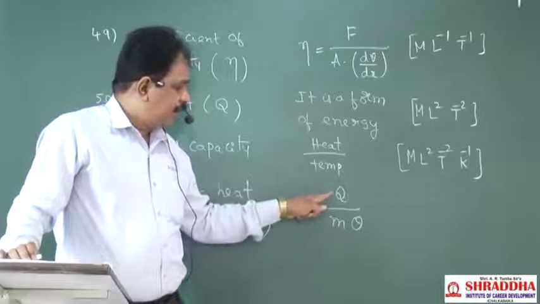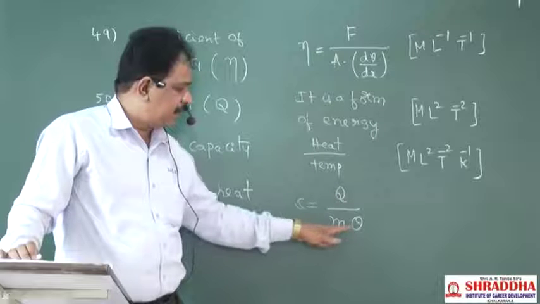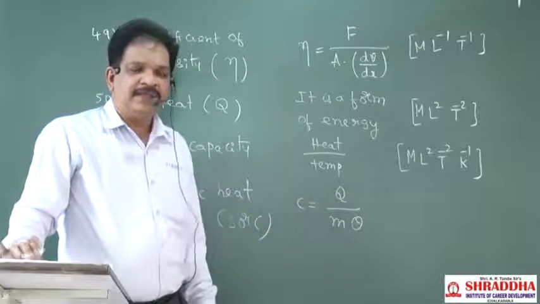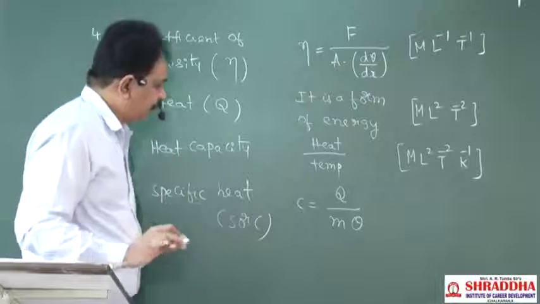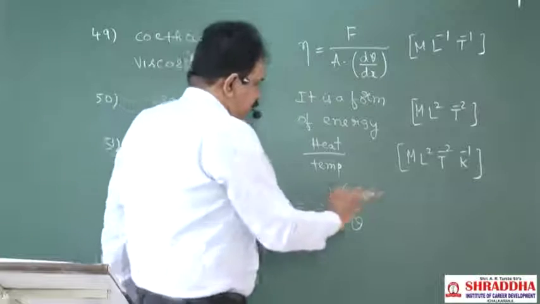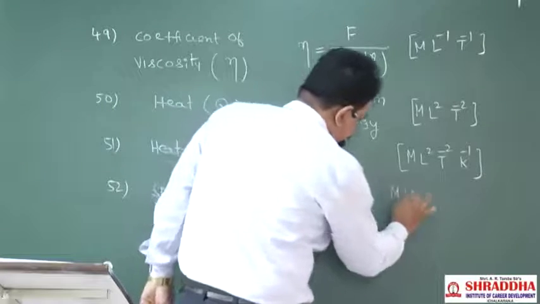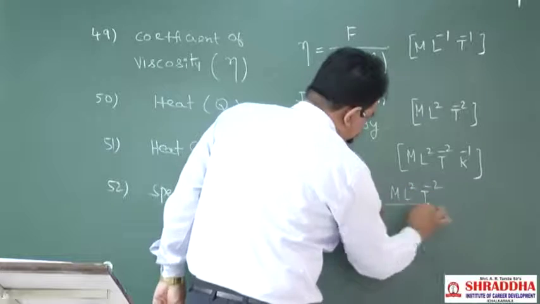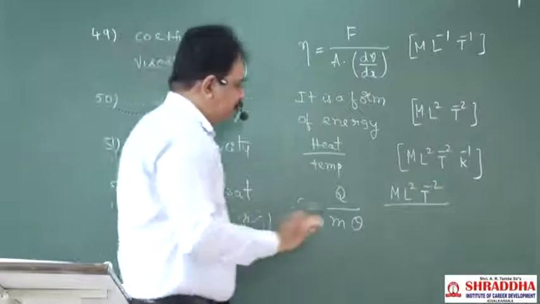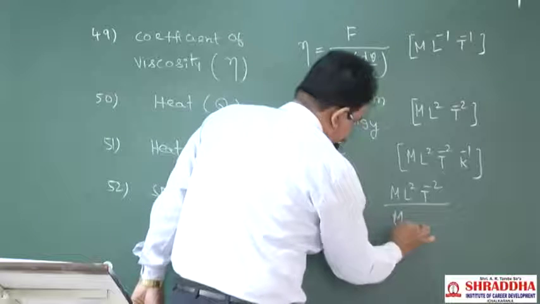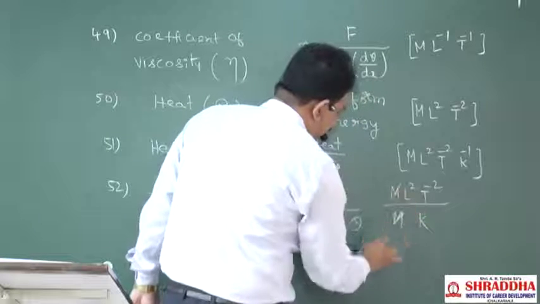Q will be the heat, M is the mass, theta is the temperature difference. So what we will get, see, this is M L square T power minus 2 by mass M, temperature Kelvin.